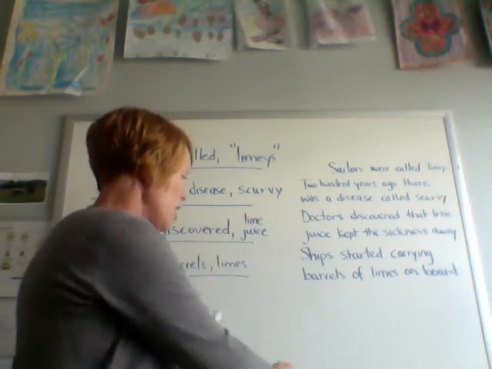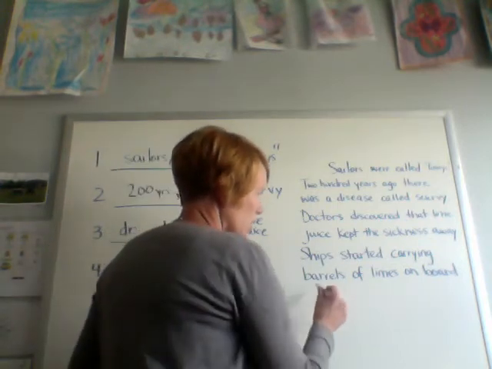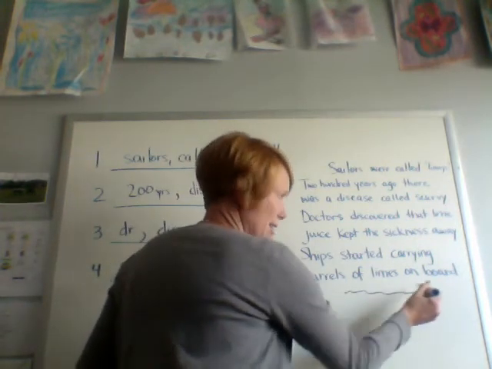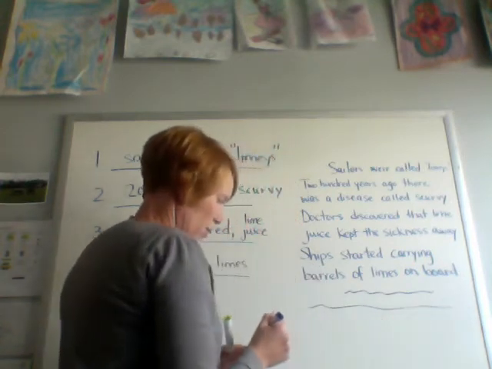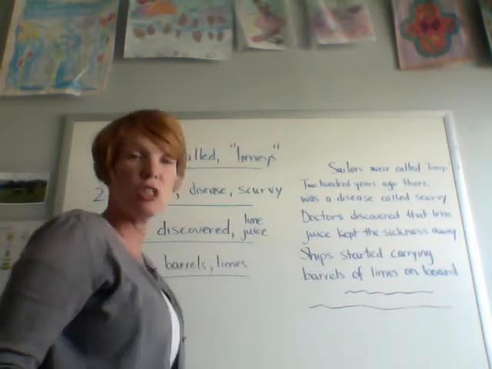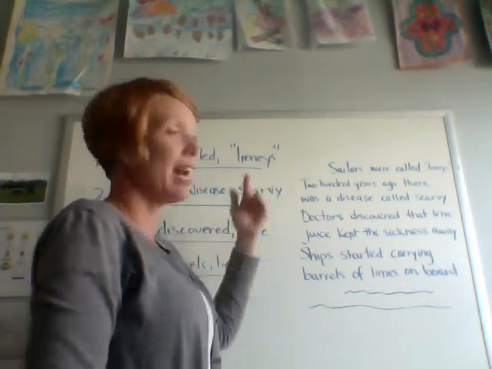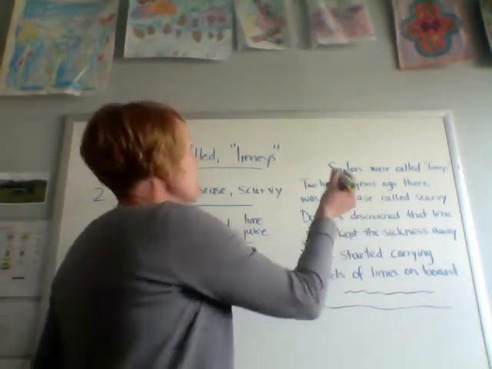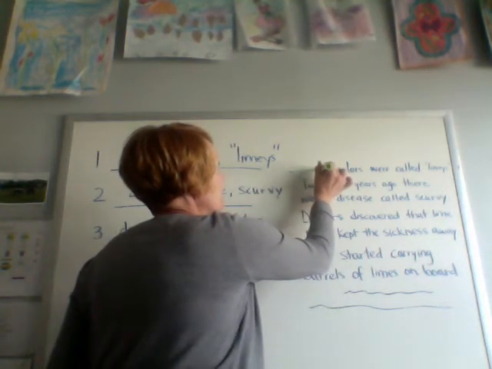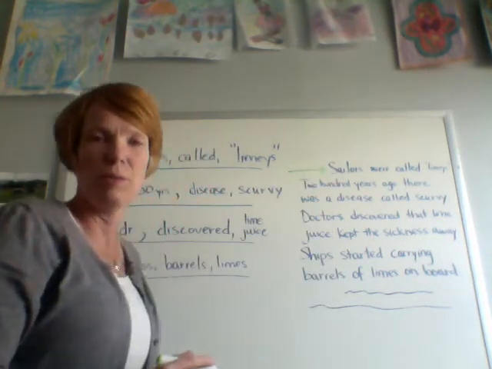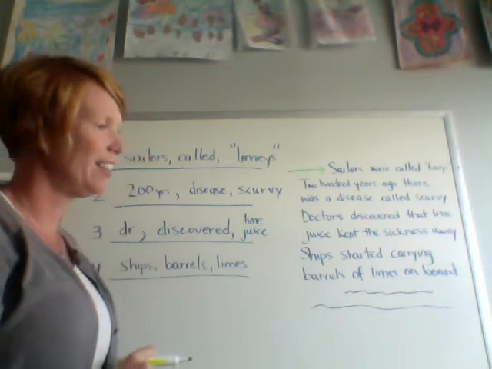If we were to start another paragraph here, we would indent, and then we would keep going, okay? So one of the first things you want to ask yourself when you're looking at your rough draft is, did I indent? If you didn't, you can take an arrow like this. This is what I do. And I'll say, push it over, okay?